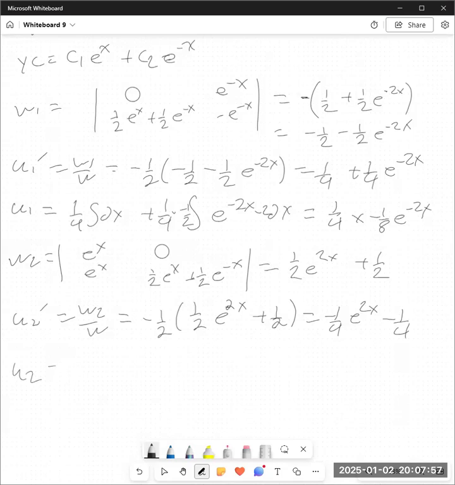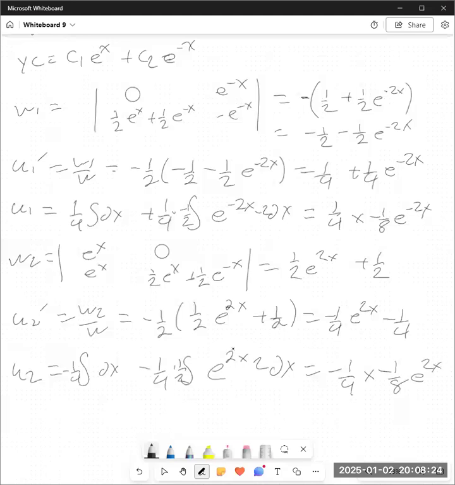So u2 is going to be equal to negative 1/4 dx minus 1/4 integral of e to the 2x dx, 2 and 1/2 gives me negative 1/4 x minus 1/8 e to the 2x.